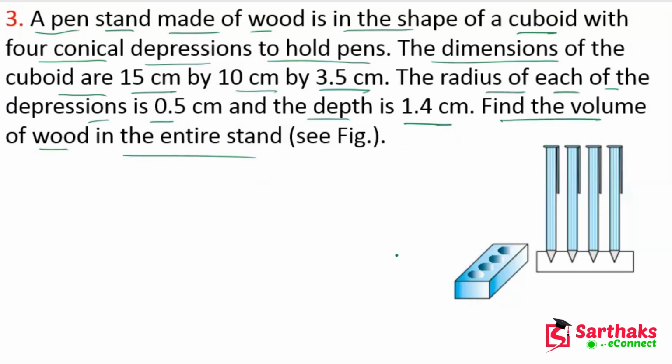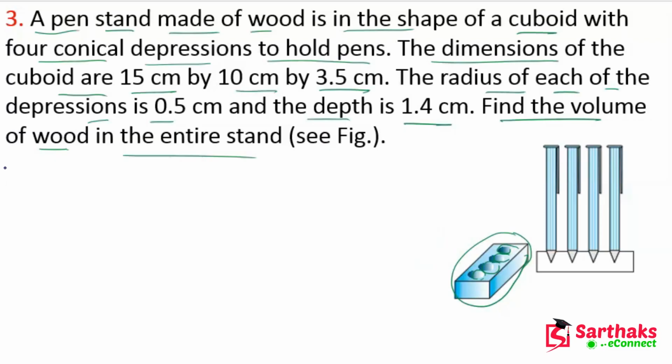So we have a pen stand of wood in the shape of a cuboid, and in the cuboid there are 4 conical holes like this. The radius of each cone is 0.5 centimeter and the depth, meaning height, is 1.4 centimeter. Now we have to find the volume of wood of the entire stand. So let's find that.